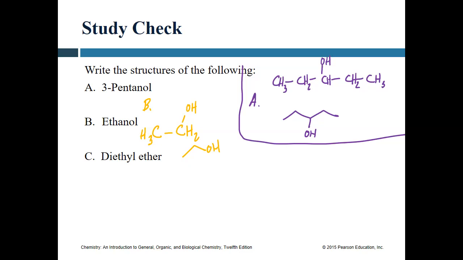If I have propanol, I've got 3 carbons. It's either on one of the exterior carbons or it's on the interior carbon. There's 2 different ways of doing it. With 4, it's either on one of the exteriors or one of the interiors. So 2 different possibilities. 5, now we've got more combinations. Could be on the exterior, could be on one of the middle interiors, it could be on the middlemost one. 3 different possible ways of writing it.